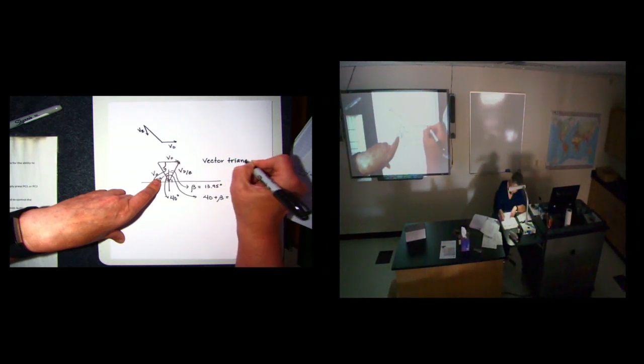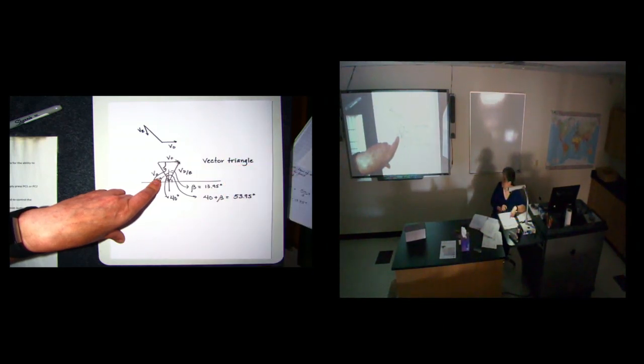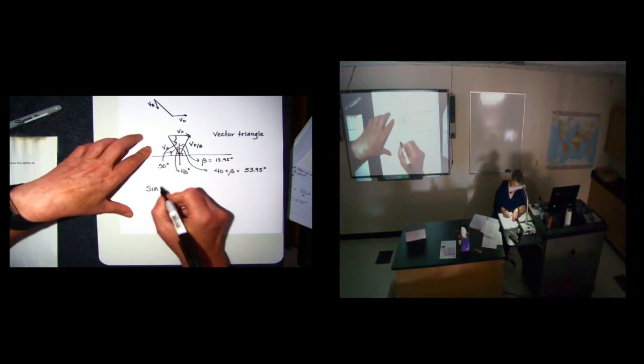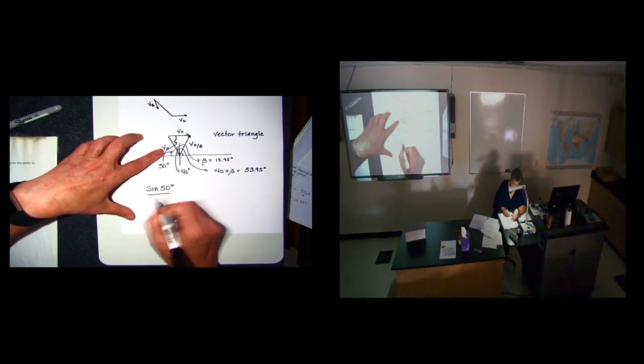And that comes from this. That's 180 minus 50 minus 53.95 is going to give me my 76.05.